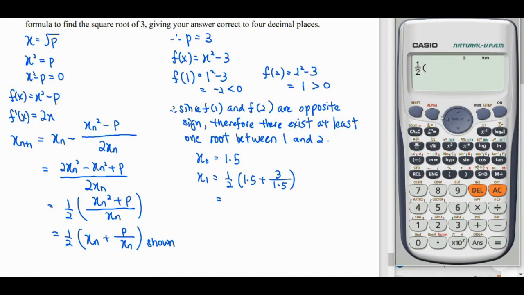We key in x n as alpha x, p as 3. Then we press calculate for the initial value 1.5. Make sure we have a decimal here. Then we continue for the second approximation.